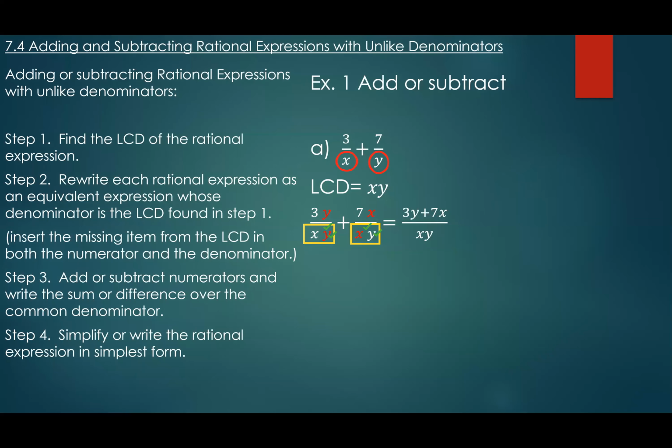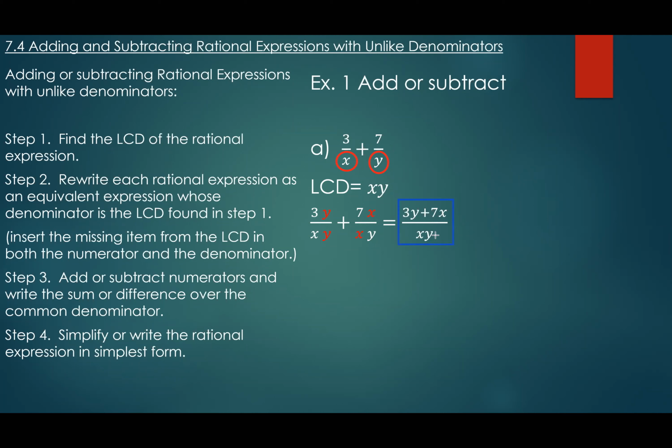Once we identify that the denominator is the same, we go back to 7.3, which tells me to put the numerators together and keep one of the denominators. So everybody see that 3y plus 7x is on the numerator, and the denominator is just xy. There's nothing else you can cancel out, nothing else to do here to simplify.